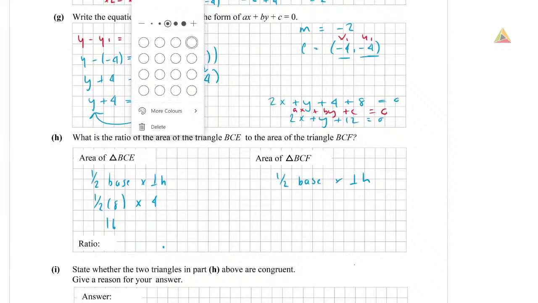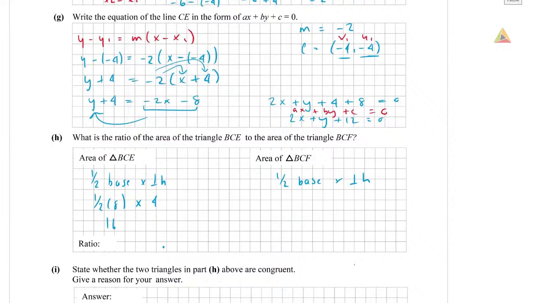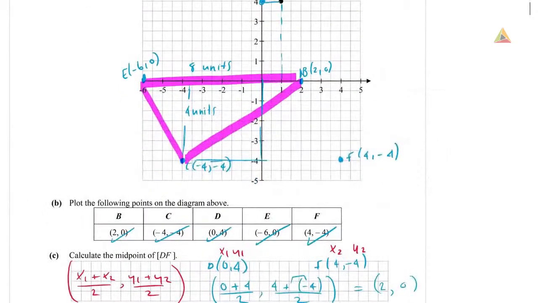Okay, now we need to go back up to the other triangle. So the other triangle is BCF. So BCF is going to be this triangle here. I'll just draw another yellow line through it. Okay, we need to get the base. So it goes from minus 4 to 4. So that's 8 units again for the base. And that's this distance here that I just measured looking at the x-axis.